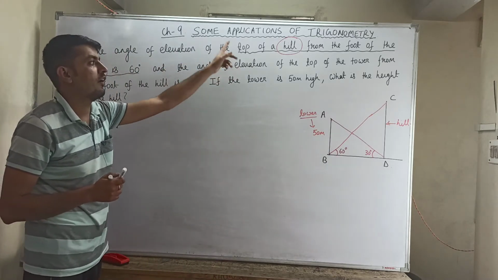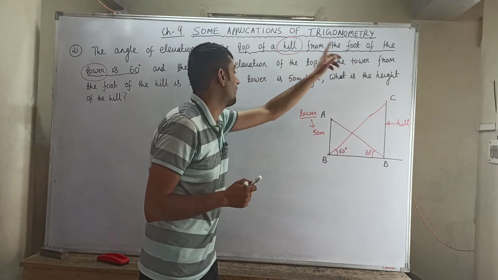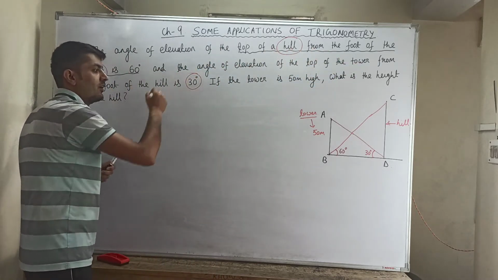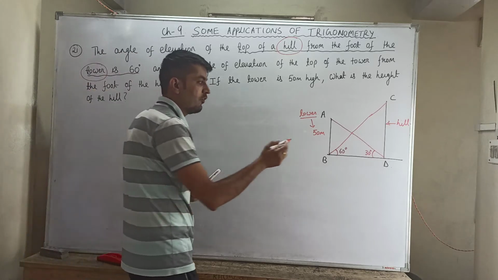And the angle of elevation of the top of the tower from the foot of the hill is given to be 30 degrees.